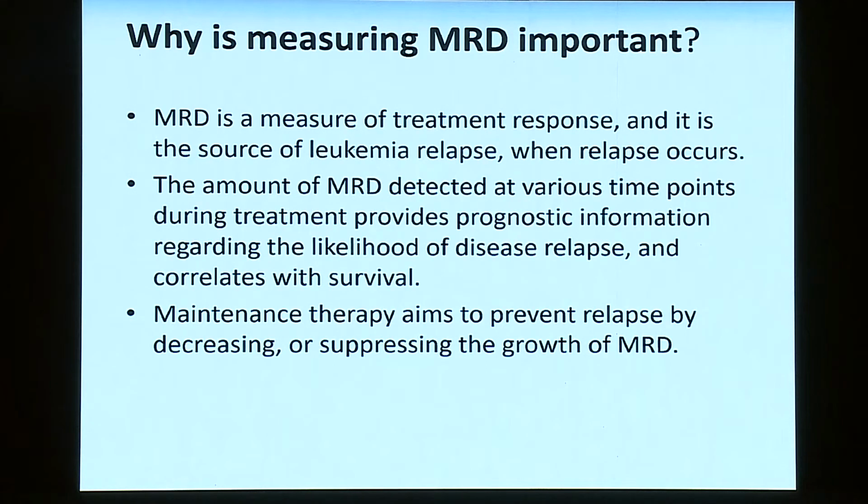It also informs the use of maintenance therapy, and this came, for example, from the QuANTUM-First trial, to prevent relapse by decreasing or suppressing the growth of measurable residual disease.